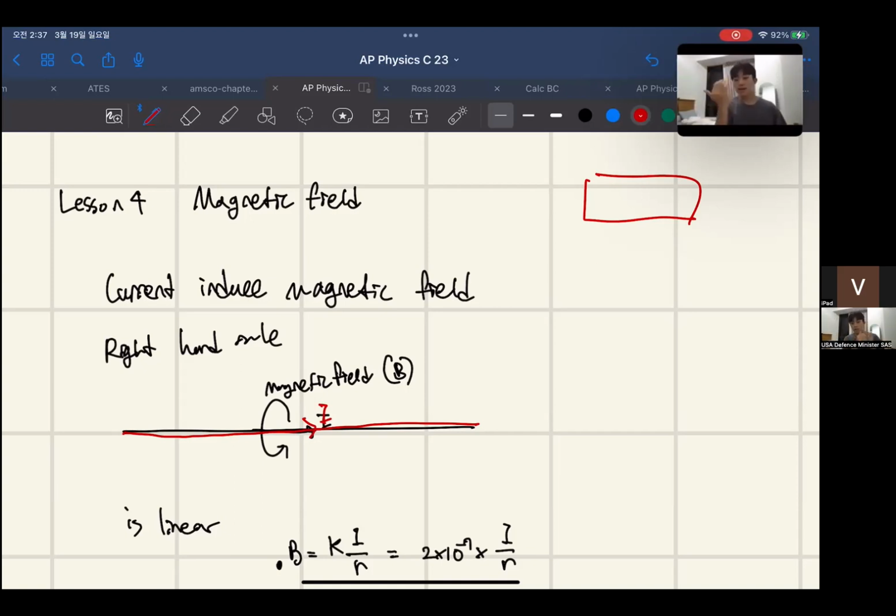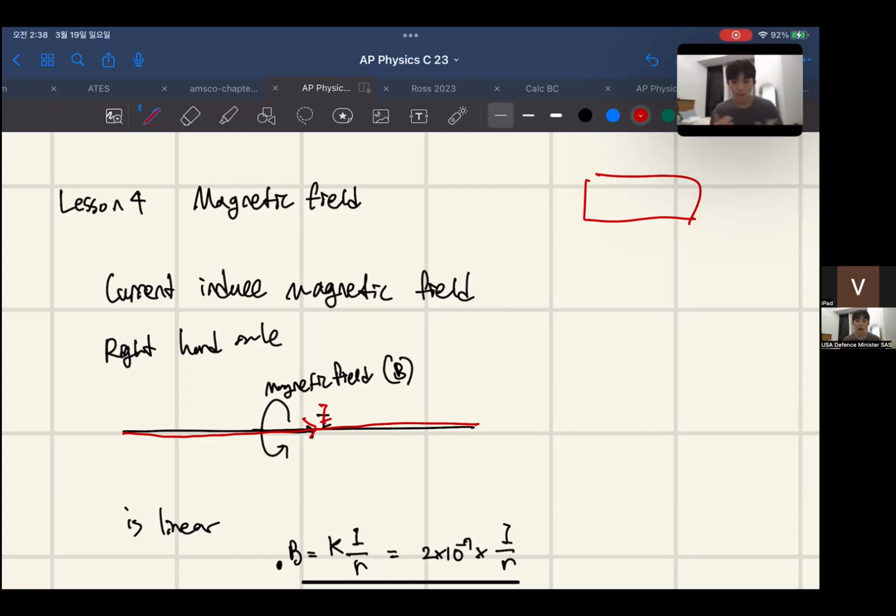Place your thumb towards the direction where the current is flowing, so in this case, right. Next, you wrap your other 4 fingers around your thumb. The direction that your other 4 fingers wrap around is the direction where the magnetic field is formed.